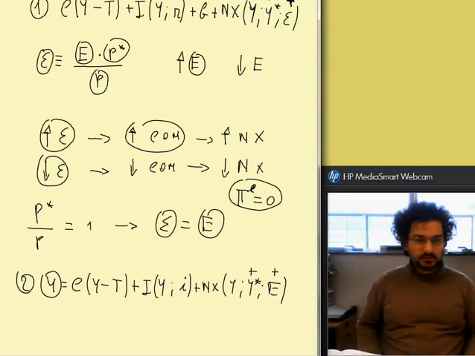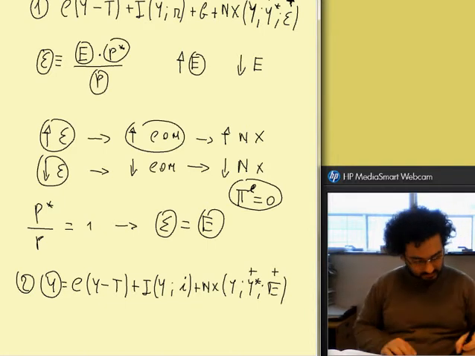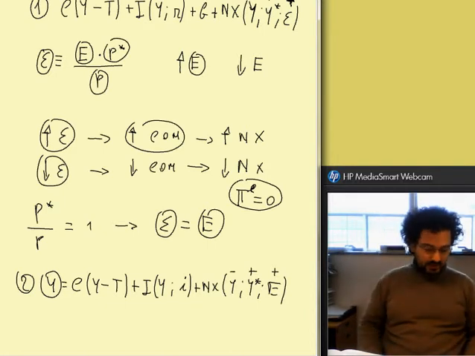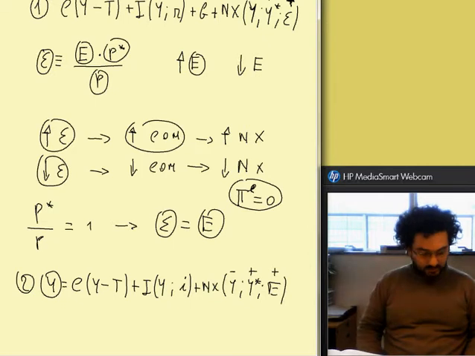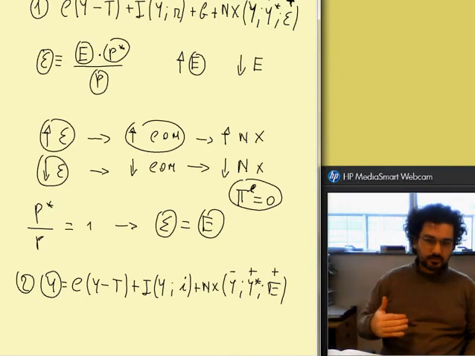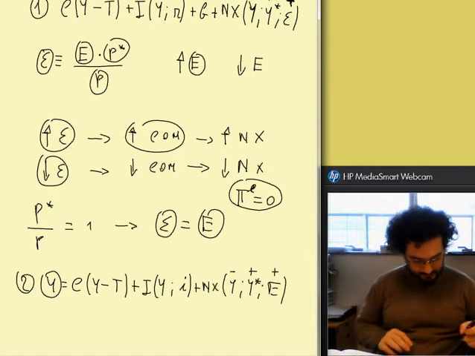If we have an increase in foreign income, we have an increase in net exports. If we have an increase in national income, we have a decrease in net exports, because we observe an increase in imports.